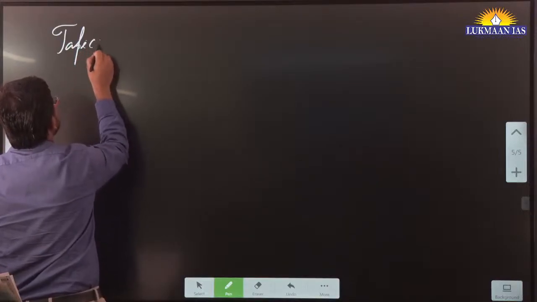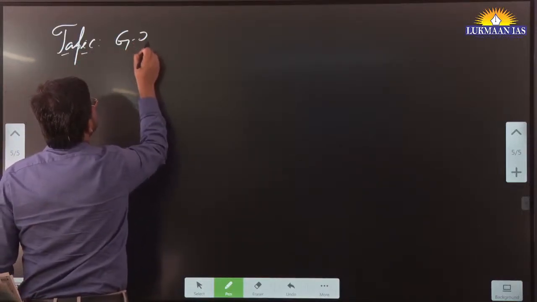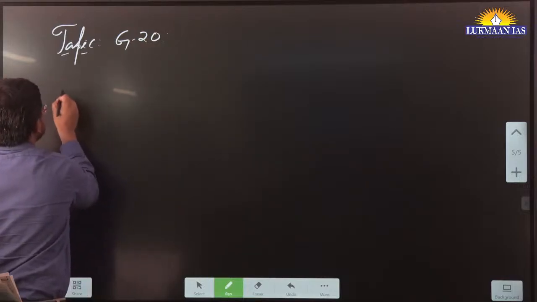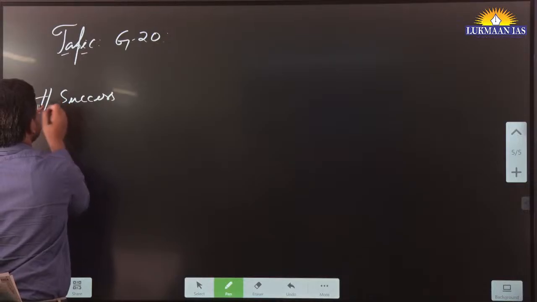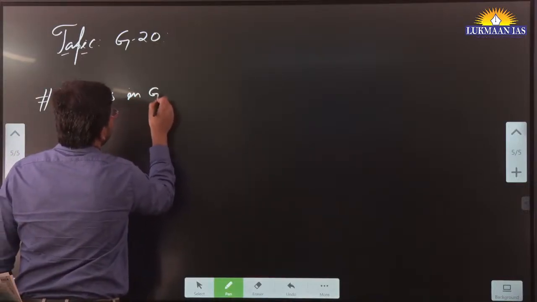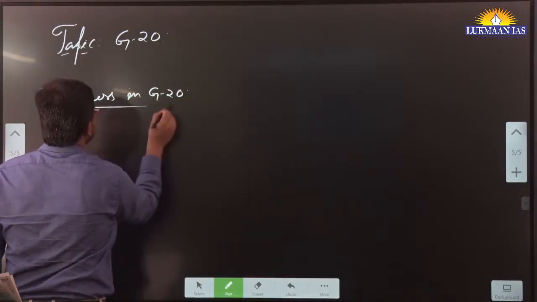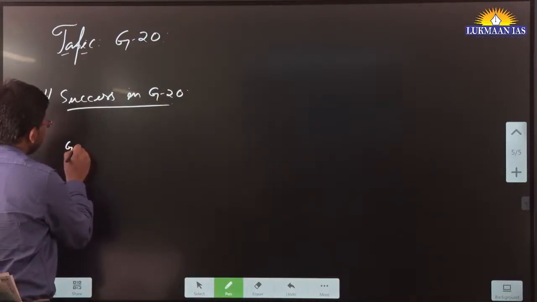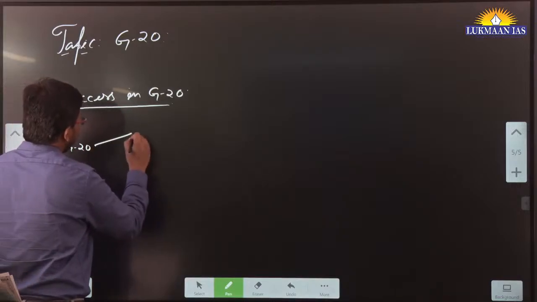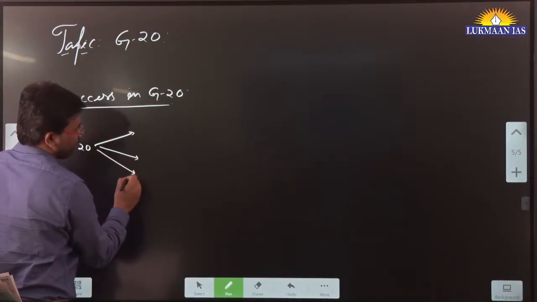I'm just quickly writing about the G20. She says that success in the G20 presidency, during India's presidency, is related to many things. One thing is that the G20 has members from different regions of the world.